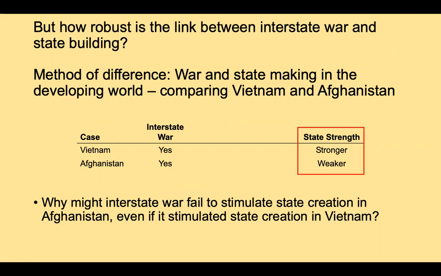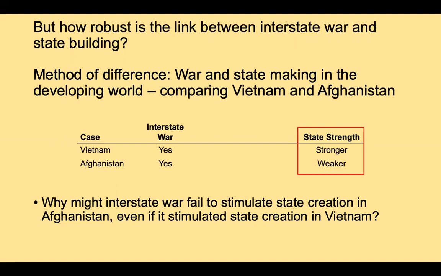The question of how robust the link between interstate war and state building actually is an important question. Because if you look at some developing countries or some non-European states, you'll find that though they experienced interstate war, they did not necessarily strengthen or fully form as states. And one example I give you is the comparison of Vietnam and Afghanistan.